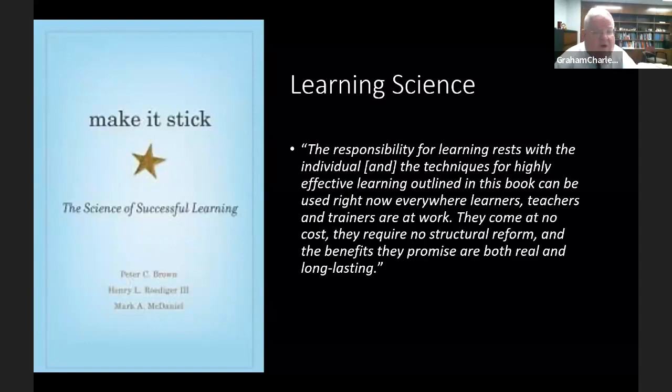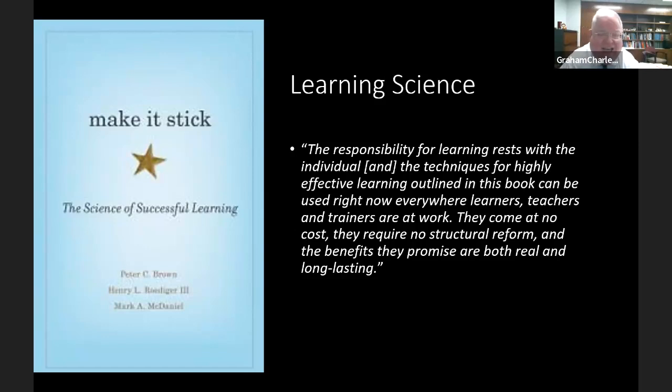So some of what I'm going to describe for you comes from this book, which I recommend. Some of you likely already have this on your bookshelf and have read it. I actually have it virtually on my Kindle bookshelf.